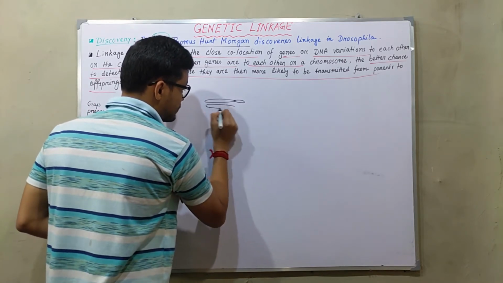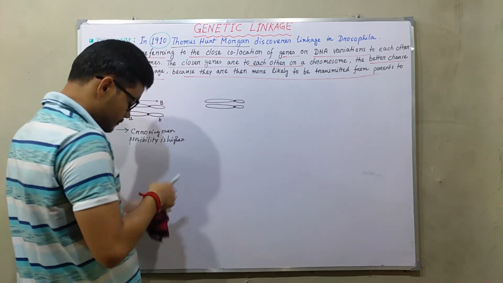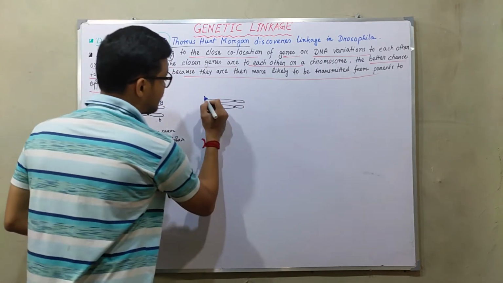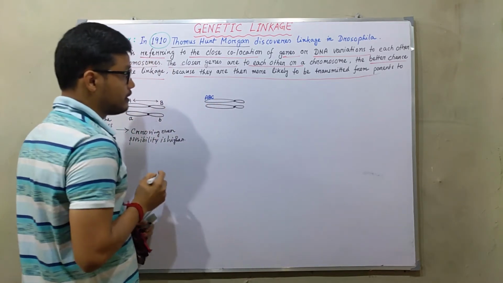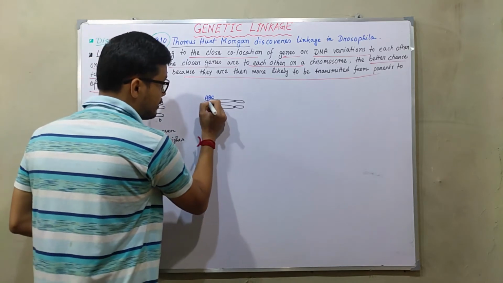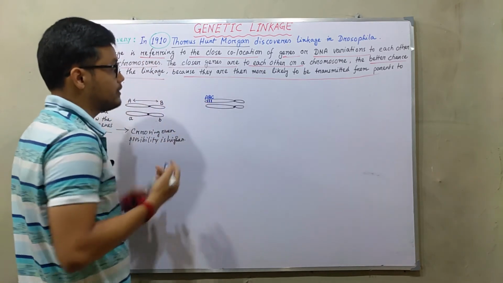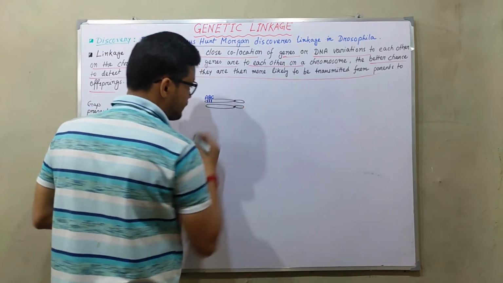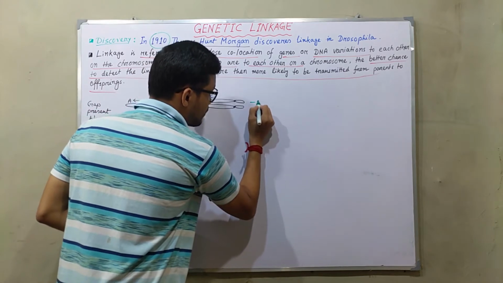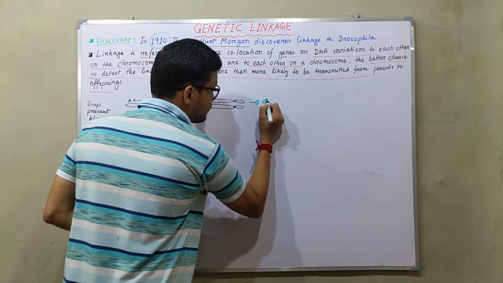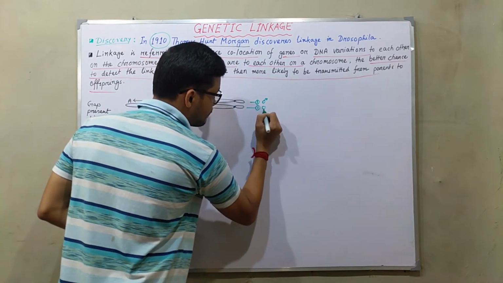But let's assume that this is a chromosome and this is its homologous chromosome. Let's assume that capital A, capital B and capital C, those three genes, are present in close association with each other on the chromosome. Say, for example, this is chromosome 1 from father and this is chromosome 1 from mother.